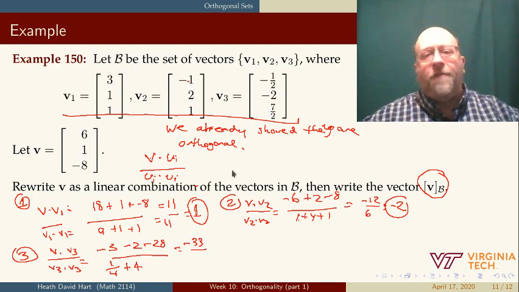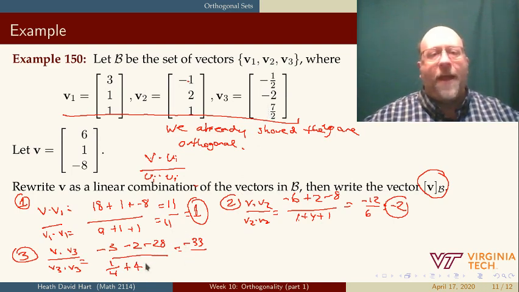And 7/2 times 7/2 is 49/4, sorry. 1/4 plus 4 plus 49/4: 1/4 and 49/4 is 50 over 4, which is 25/2. 25/2 plus 8/2 is 33/2.